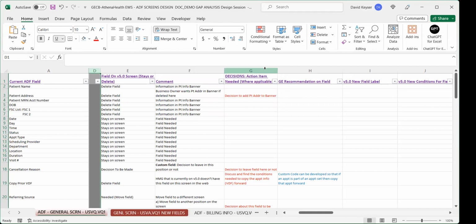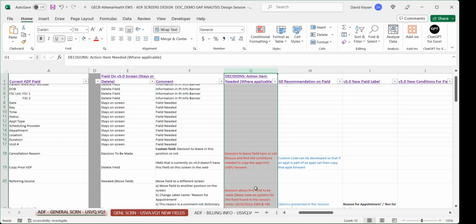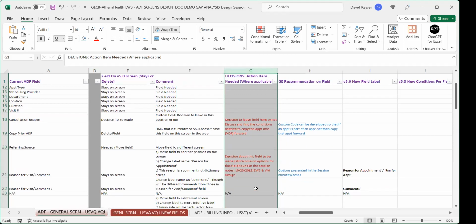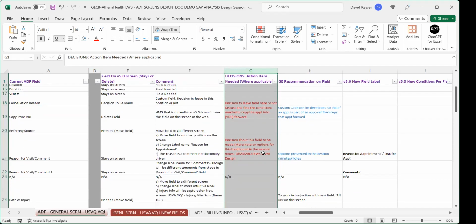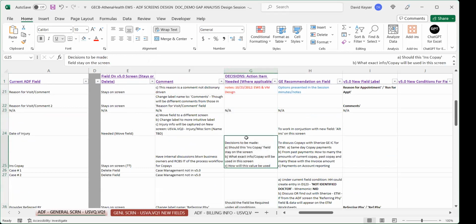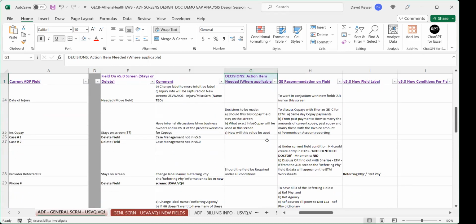And then in this case here, as you can see, decisions were being made about what to do. And so that's what entails the gap. Let me just highlight this also in blue: what needs to be done.